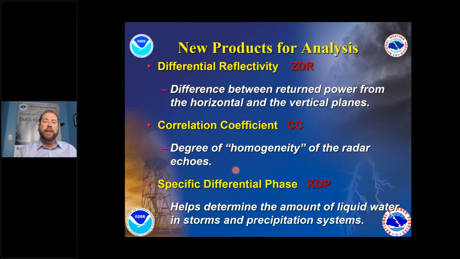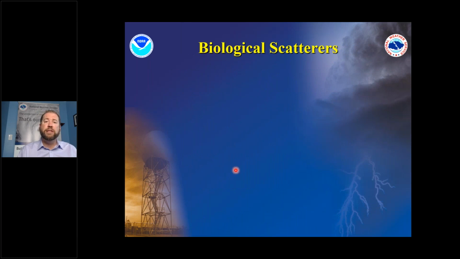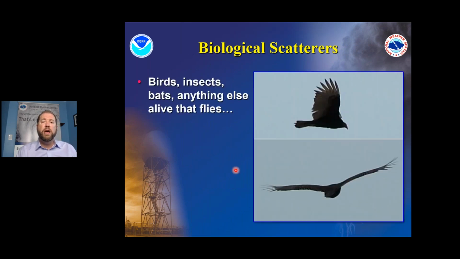It's the degree that everything is the same, homogeneous. So it's not mixed up, it's of the same likeness. We love this for hail, tornado debris, and also wintertime for distinguishing between the rain and snow line. Really good stuff.